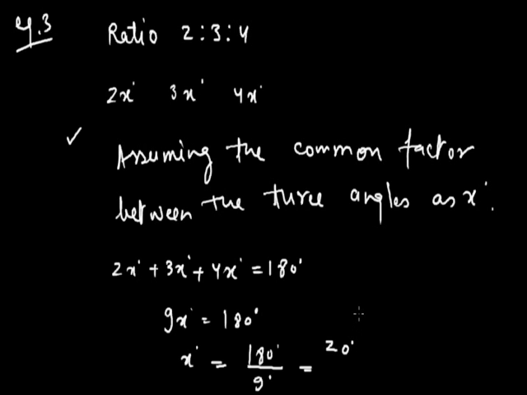So the common factor between all the angles of the triangle whose angles are in the ratio 2:3:4 is 20 degrees. So the angles of the triangle are 2x degrees, 3x degrees and 4x degrees.